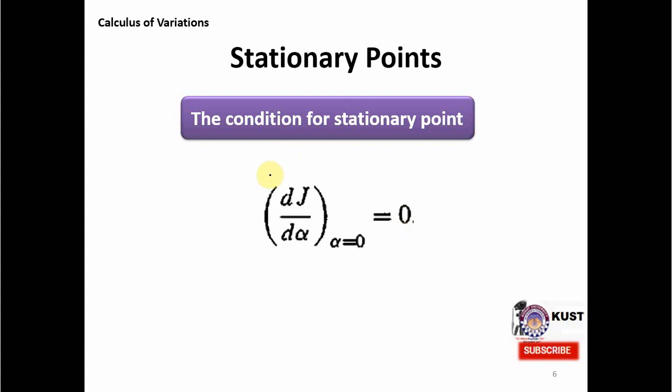If these conditions are satisfied, then we say that those points are actually the stationary points, and when the points are stationary for any path, then that path will be the correct path. So this is actually the calculus of variations, or how to calculate the actual path. What we do is take the derivative of this line integral J with respect to alpha, put it equal to 0, and from this we will see that the Lagrange equations come out.